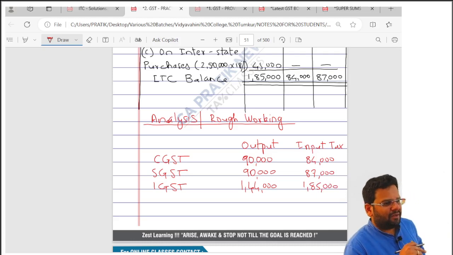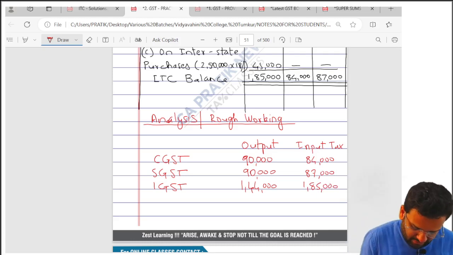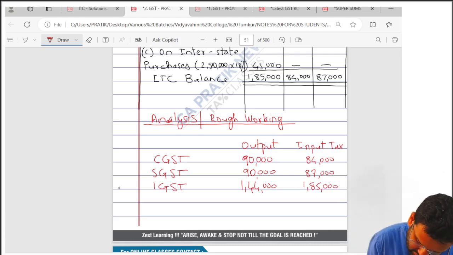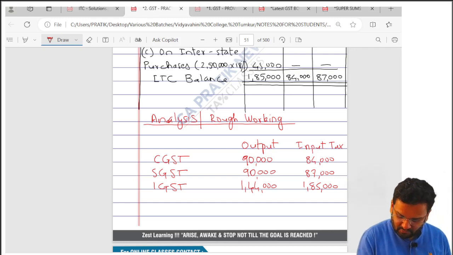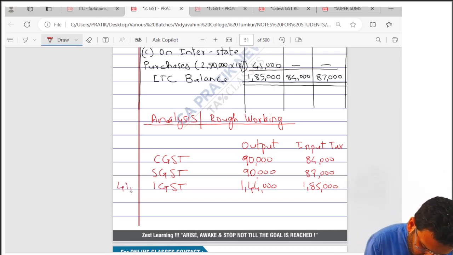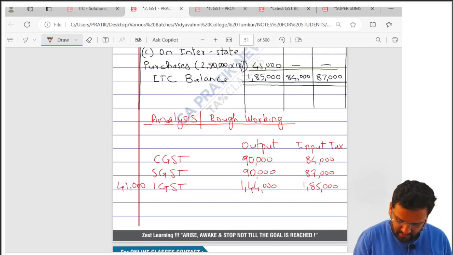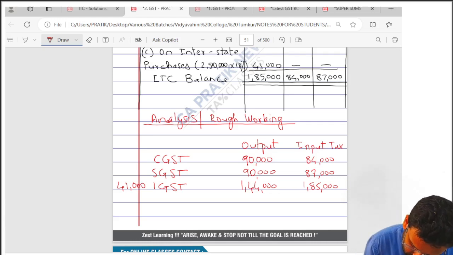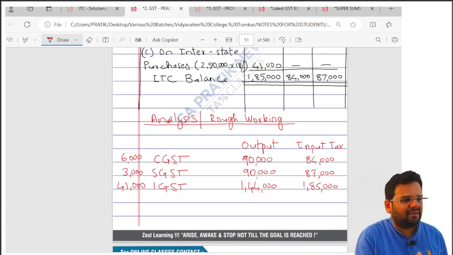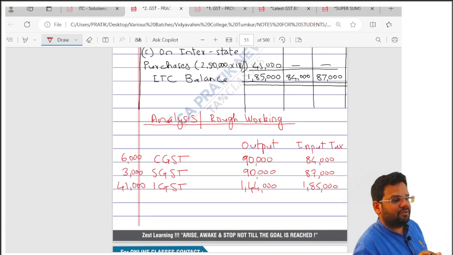So I think I'm comfortable now. I'm very comfortable. I have extra of how much? I have 41,000 extra. And here payable is 6,000 and here 3,000. So I think anyway if I use, still I will be able to cover. Correct? There is a lot of extra balance I have.